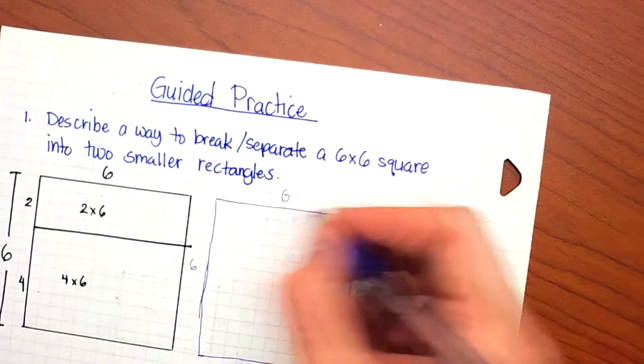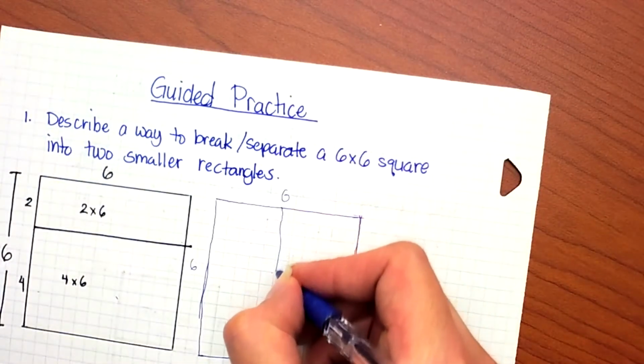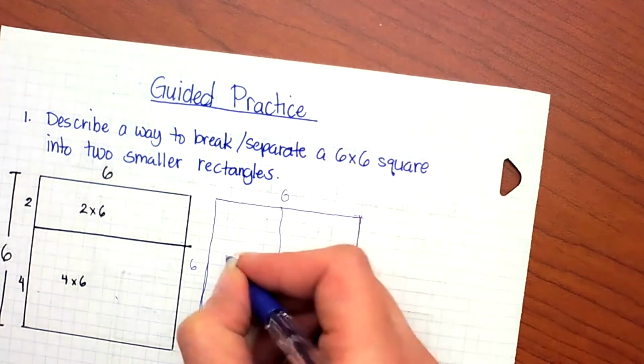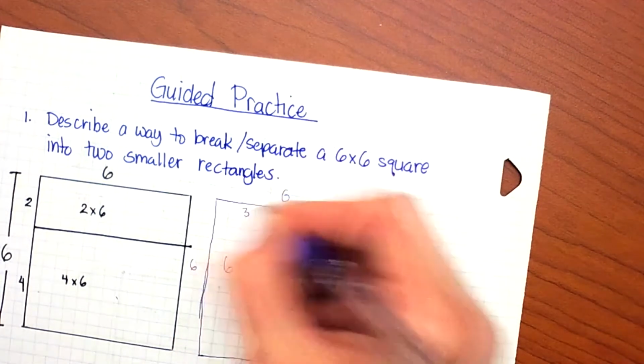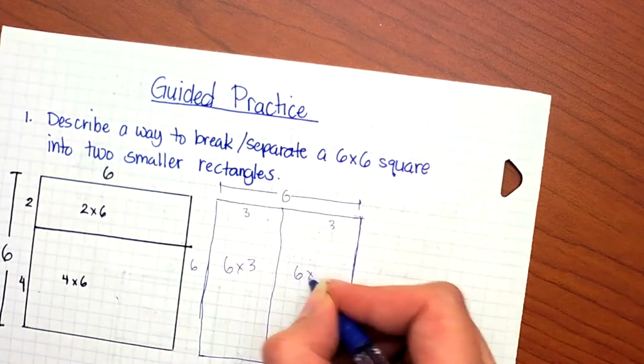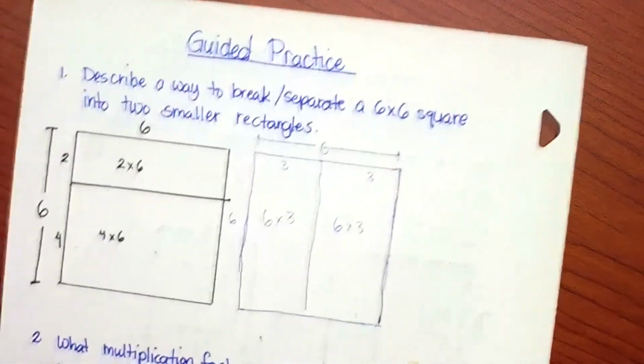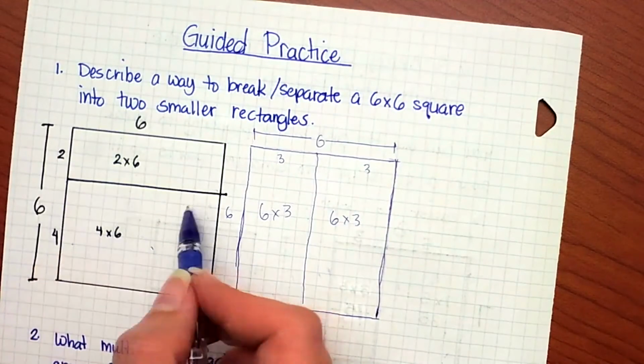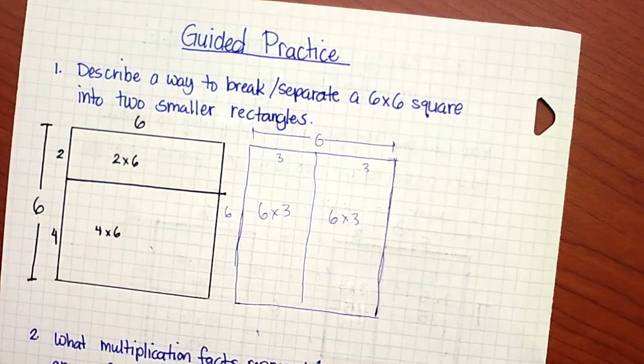I could have cut it down the middle and made it a 6 times 3. So this became 3 and 3 instead of being a full 6. And this could have become a 6 by 3. So I didn't necessarily have to cut it across this way. I could have cut it this way as well.